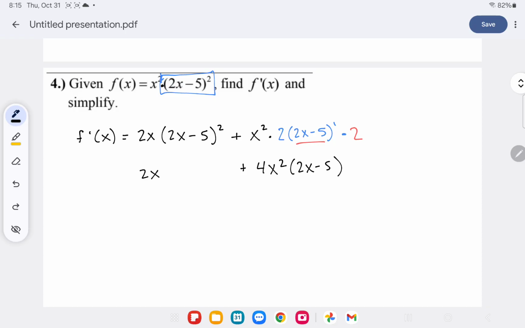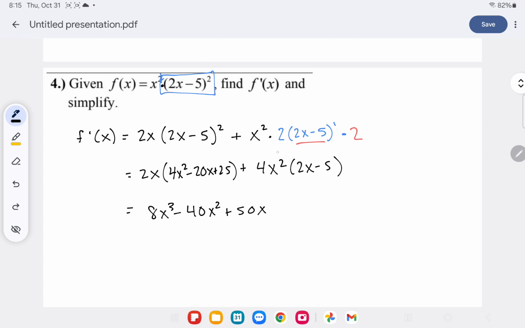I'm actually going to go ahead and simplify this all the way. 2x minus 5 squared is 4x squared minus 20x plus 25. I'm going to distribute that out: 8x cubed minus 40x squared plus 50x.